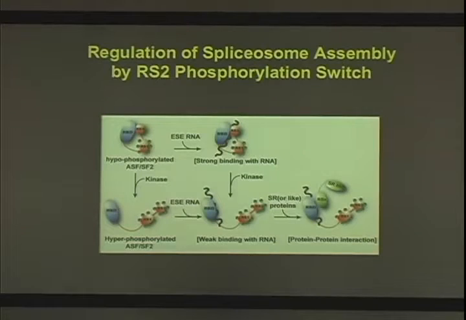Now, the last part is really the synthesis model. What does it really mean in terms of the spliceosome assembly? What it really means is that RH2 acts as a switch. If RH2 is unphosphorylated, then it can enhance the RBD's RNA binding in cis.